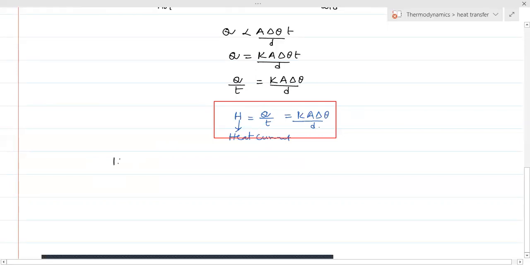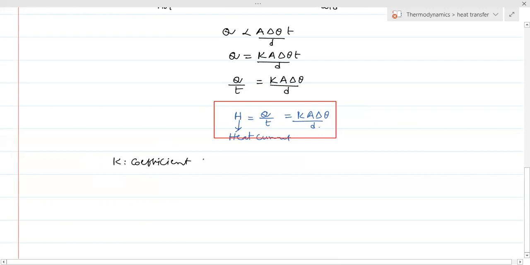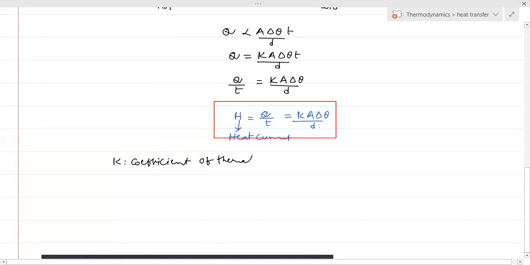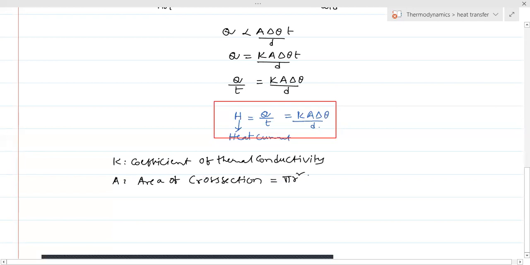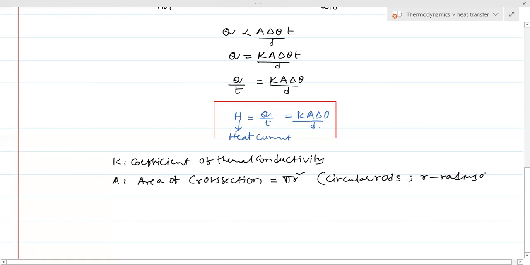So here K is the coefficient of thermal conductivity. Capital A means area of cross section. Generally we are having circular rods, so for circular rods we will take pi r square, where r is the radius of cross section.